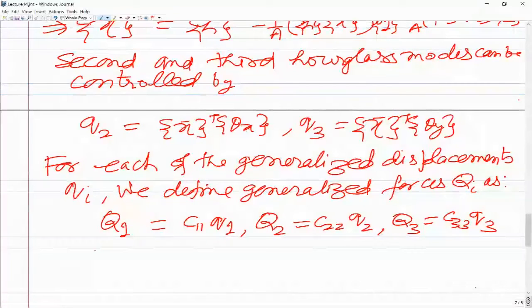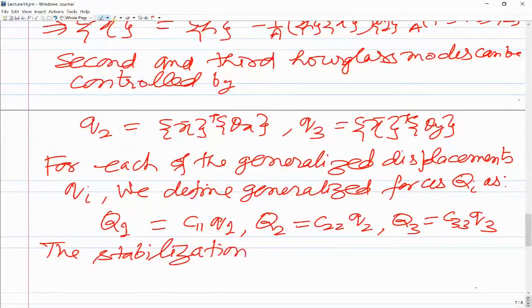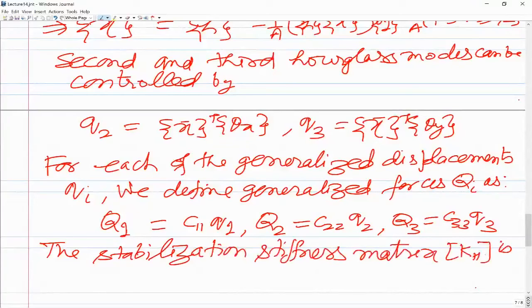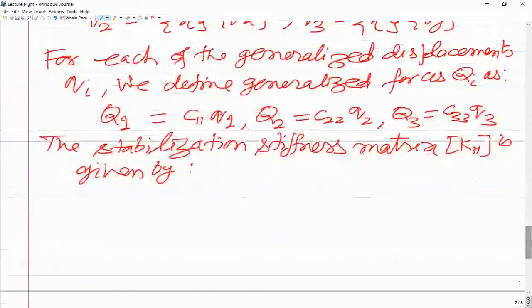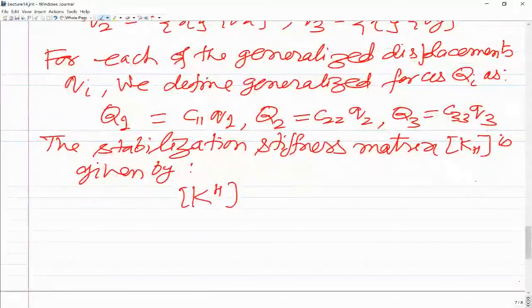Stabilization means to resist the hourglass modes. So the stabilization stiffness matrix, let me call that kh, the stabilization matrix to control hourglass, is added to whatever we have, kb plus ks.